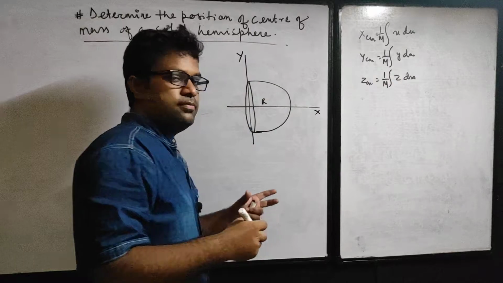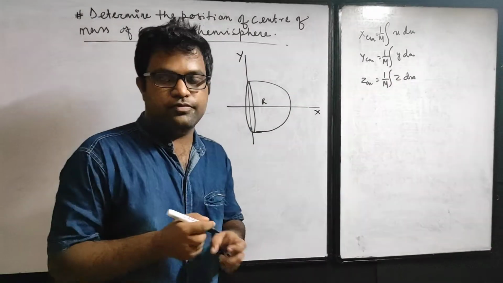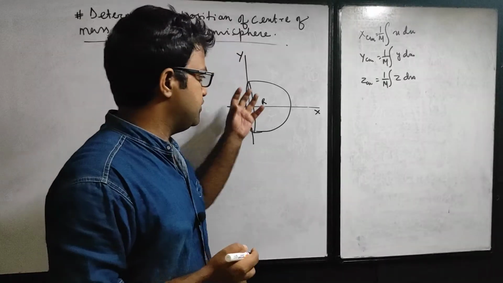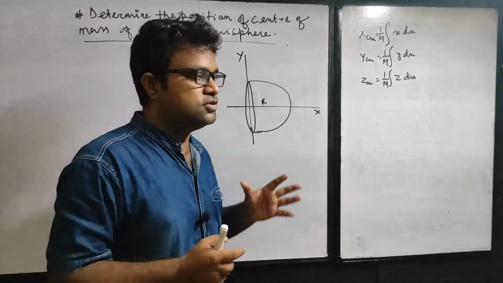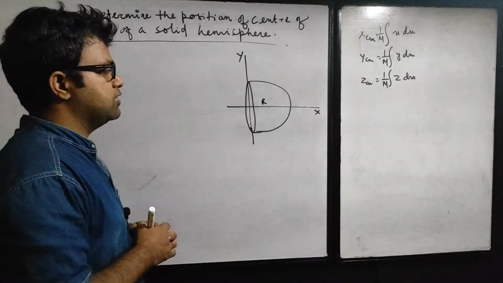Capital M is the total mass of the object, right? So this is the formula if the masses are uniformly distributed and it is not discrete. So we can use this formula, right?